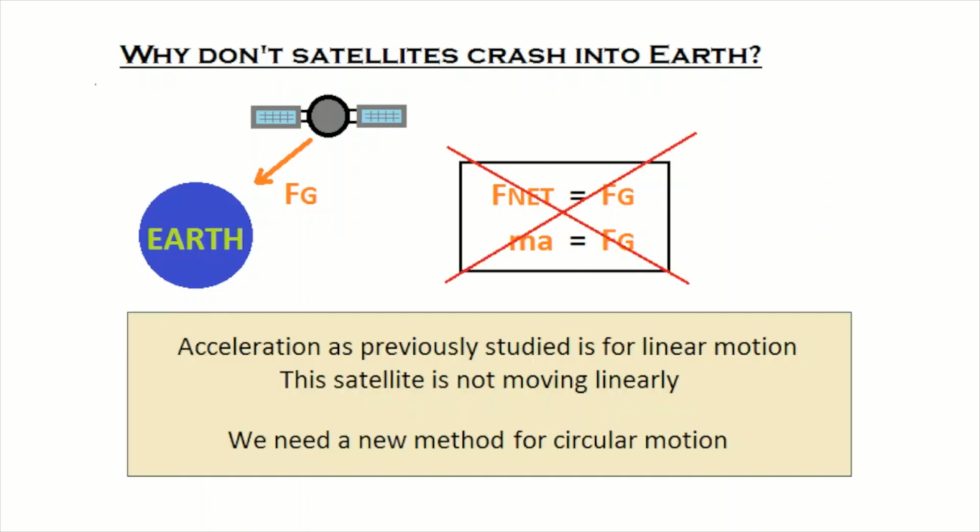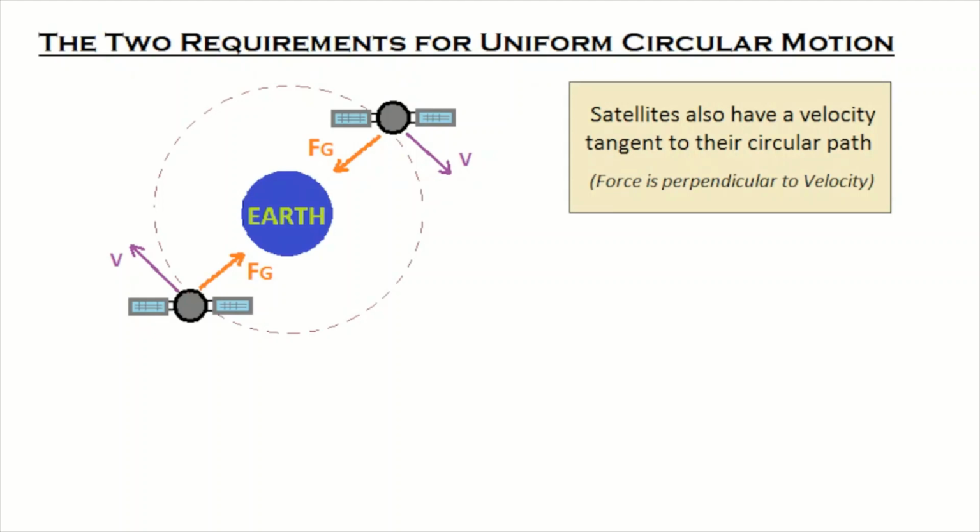To get started with our answer, let's first say that acceleration, as previously studied, was for linear motion. The satellite is not moving in a straight line. It's moving in a circular path, and therefore we're going to need a new method. What is missing in our analysis is velocity. This satellite is not released from rest. Rather, it is given a velocity tangent to its circular path, and therefore perpendicular to the central force of gravity.